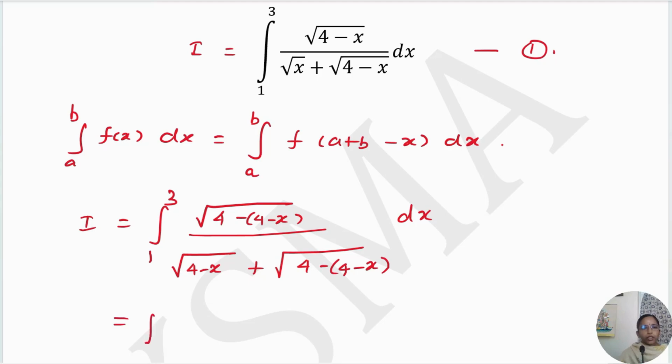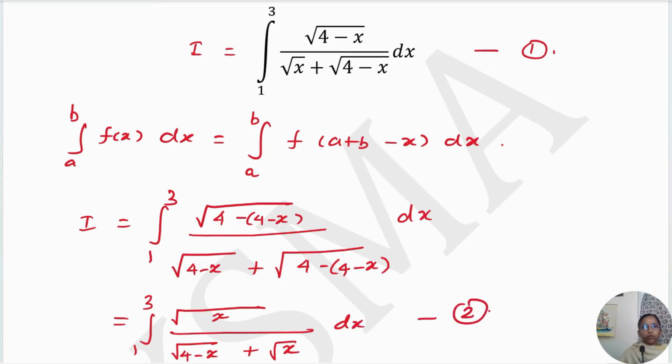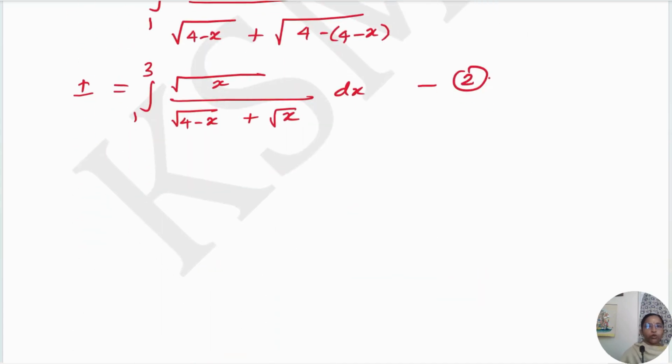So simplifying this, integration 1 to 3, 4 minus 4 cancel, then plus x. So root x divided by root of 4 minus x, and similarly here also we are getting root x dx. So take this as your equation number 2. Now you can add these two equations. So left hand side we are having I. So I plus I is equal to 2I.